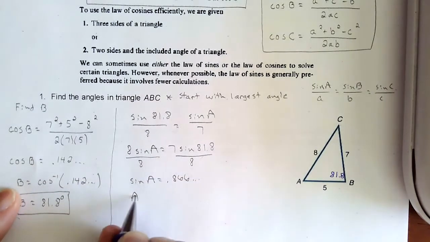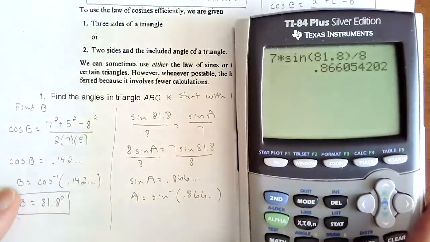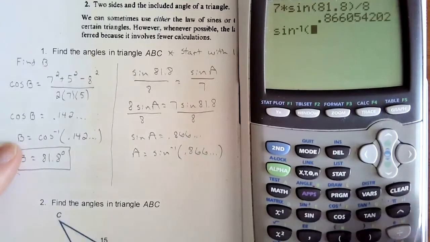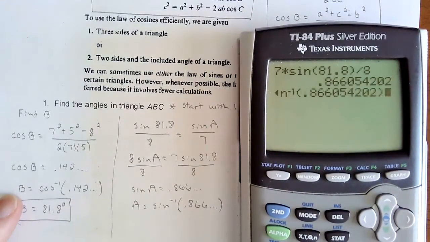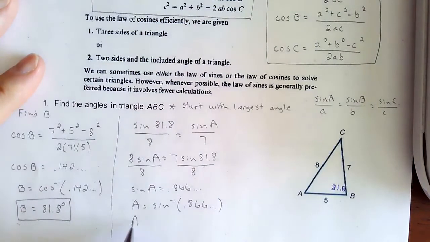So in order to figure out the angle one last time, we have to do the inverse of it. So inverse sine, which is right there, of that, close parenthesis, press enter. So 60 degrees on that one. So angle A would be 60 degrees.